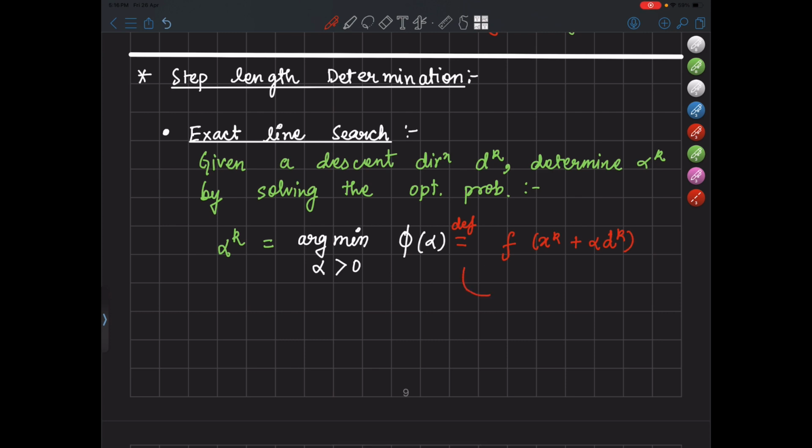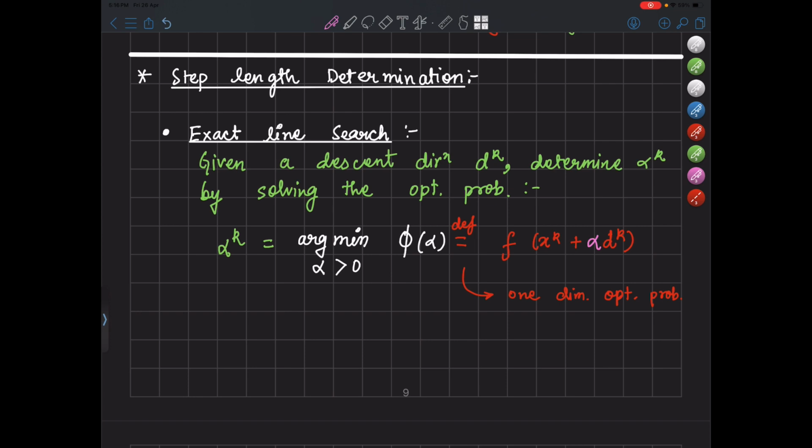So this is a one dimensional optimization problem which we have seen before how to solve. So basically here alpha is the variable. We find the most optimal value of alpha such that f is minimum for a given xk and dk.